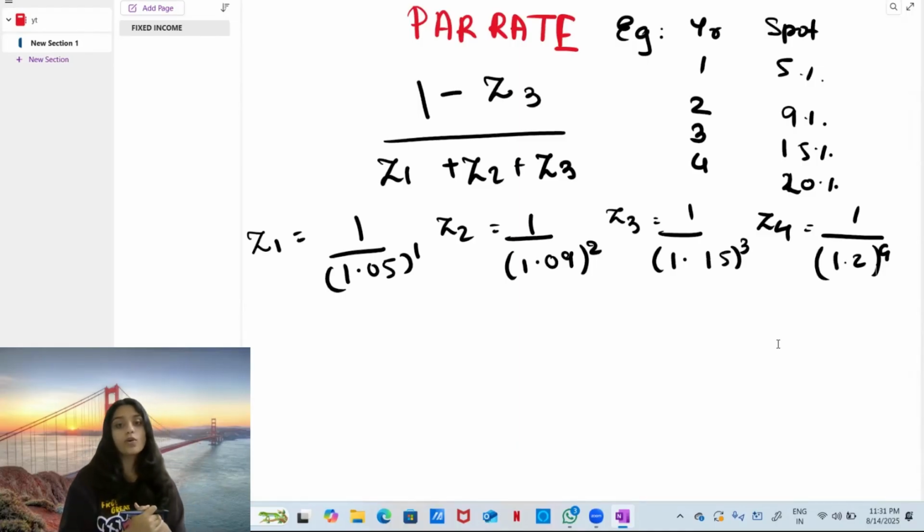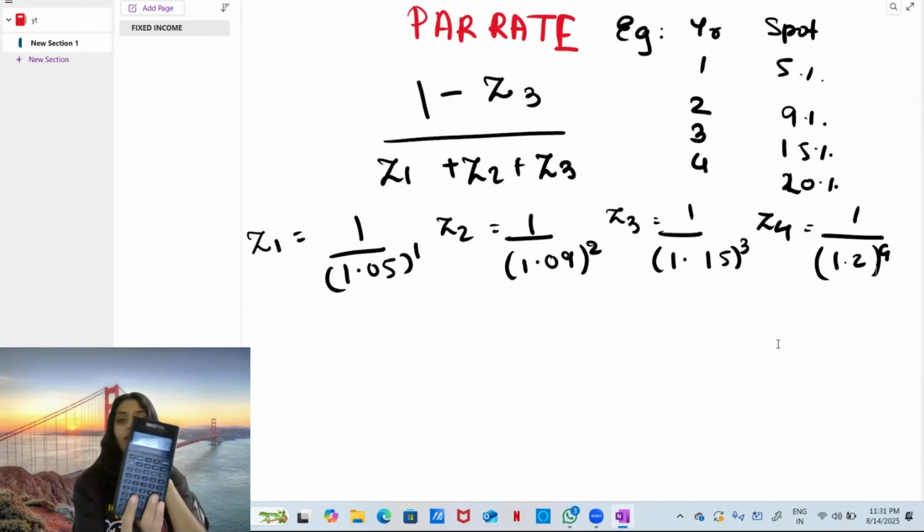Now let's calculate the par rate for year two. Follow my lead. 1 minus recall 2 is equal to, divided by brackets open recall 1 plus recall 2 brackets closed, is equal to.